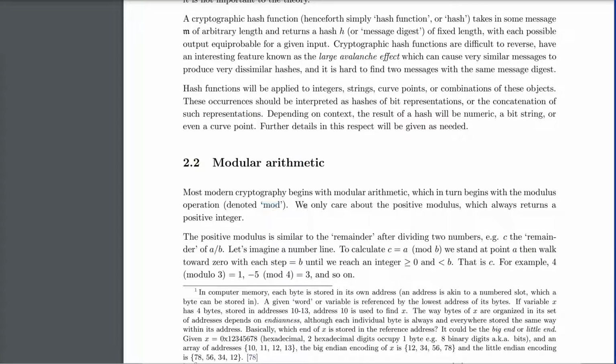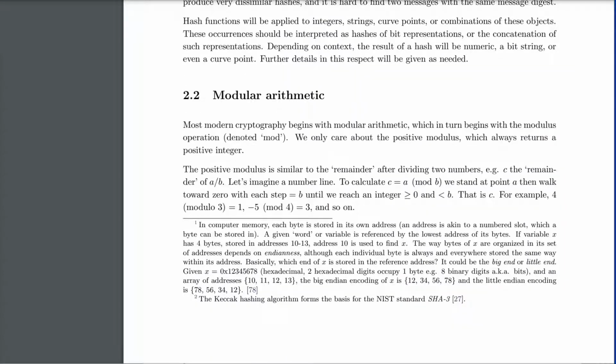It also notes that we only care about the positive modulus, meaning our result should be a positive integer. The positive modulus is the same thing as the remainder that everyone's familiar with. Whenever we talk about the division that everyone knows and loves, dealing with the quotient and the remainder, we're concerned strictly with the remainder, and we're defining the result C that we're looking for as the remainder of a classical division.